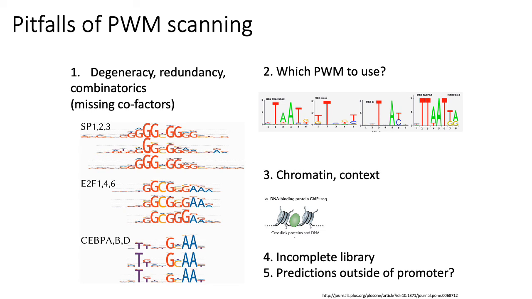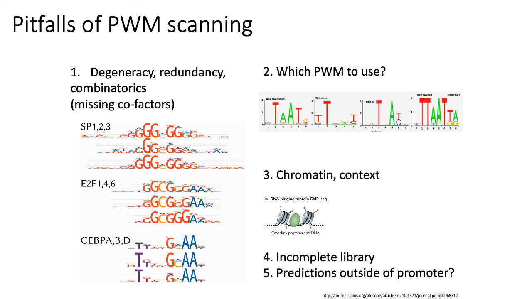One issue is that there's a lot of technical variability between the different assays used to generate position weight matrices. Even for ChIP-seq, depending on which cellular context you profile a particular TF in, you might get a different set of binding sites, and that might lead to different position weight matrices.